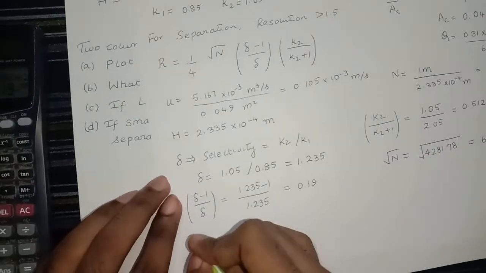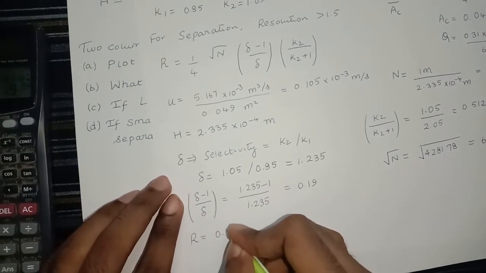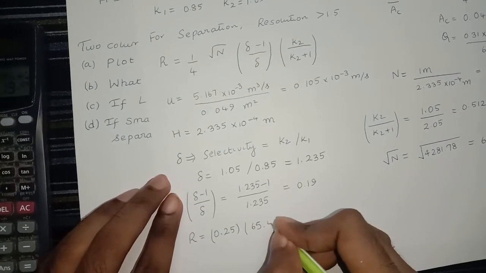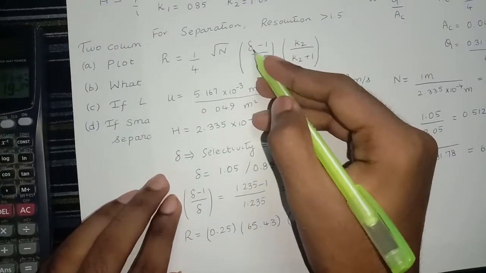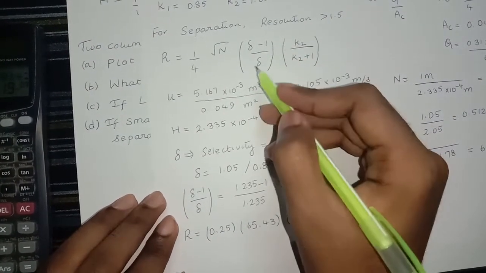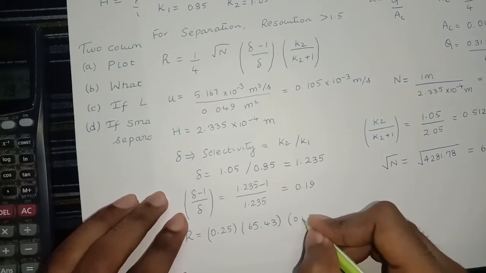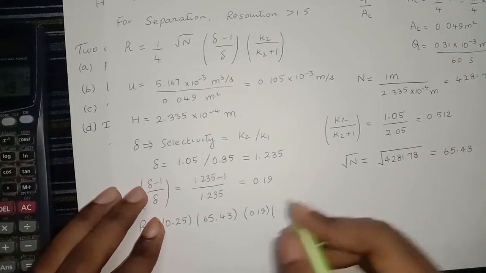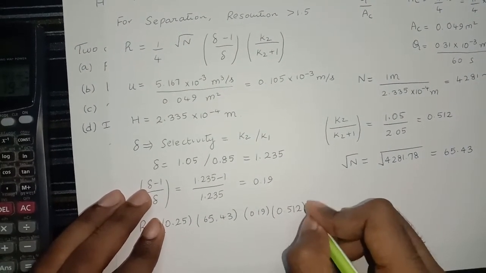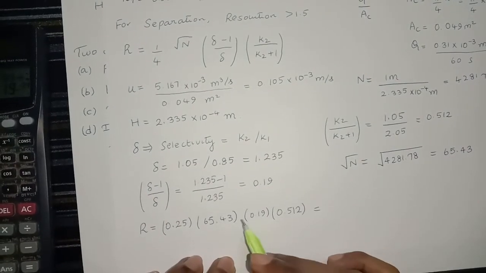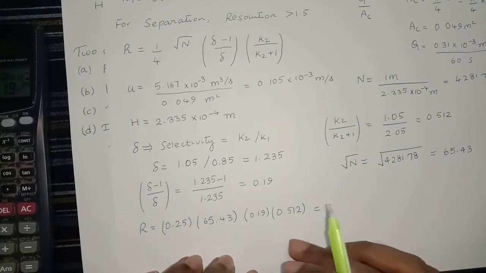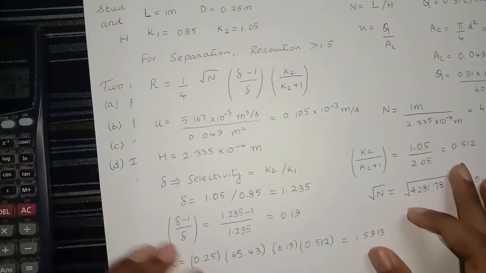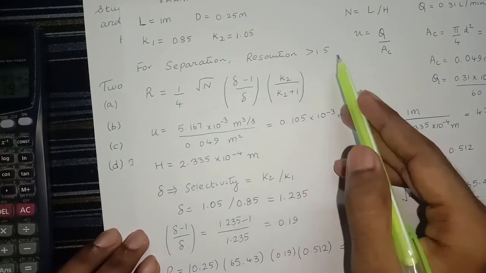So plug all the values into the resolution: 1/4 (0.25), the value of root n 65.43, (δ − 1)/δ 0.19, and K2 by K2 plus 1 0.512. Multiplying these values, we get something like 1.5913. We have the condition for separation: resolution should be greater than 1.5.